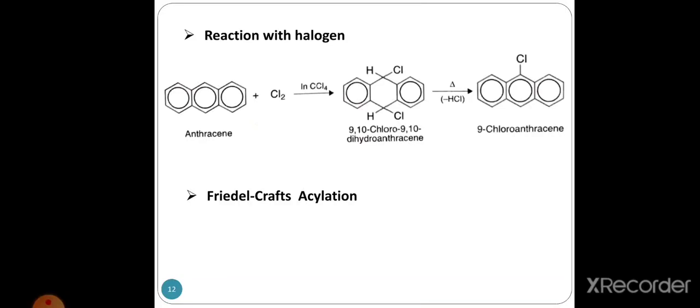On heating, this addition product loses a molecule of hydrogen chloride by 1,4 elimination to form 9-chloroanthracene as the product.